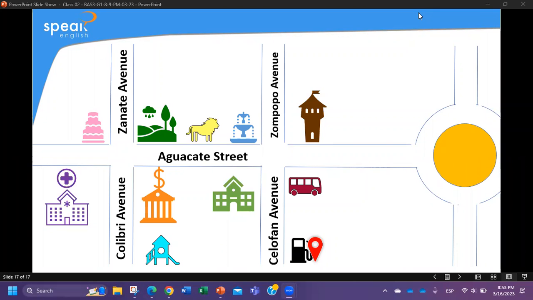When you mention the corner, you need to tell me what are the 2 streets, or the avenue and the street, that go together for that specific corner. Because if you just tell me it's at the corner, but what corner? At the corner of Colibri Avenue, at the corner of Cellophane Avenue, what corner? So you always need to tell me the name, okay?